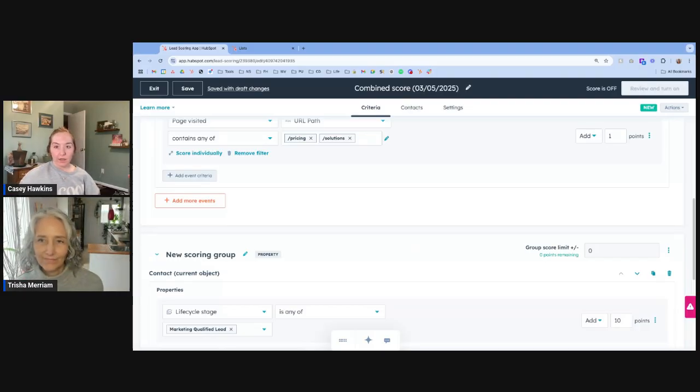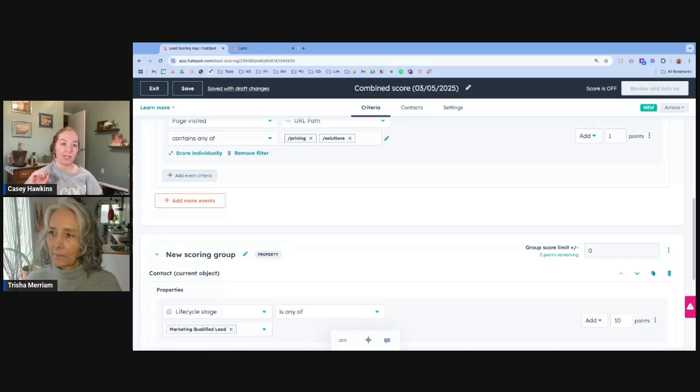Yeah. But also it's worth thinking about what actions are actually valuable actions. I think website visits, specifically based on job title. I would be hesitant to take email on its own personally, email opens, email clicks.